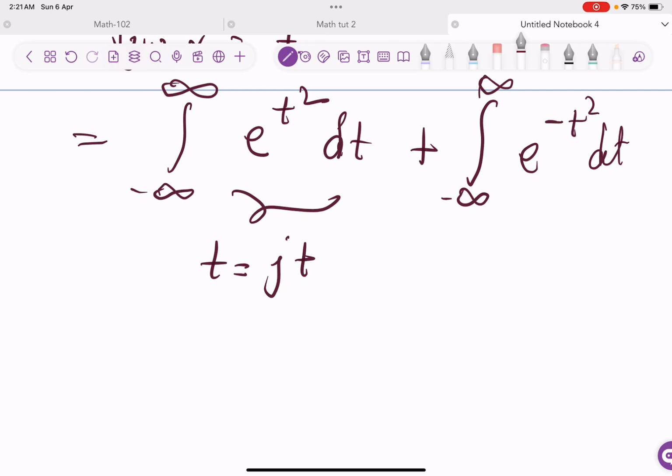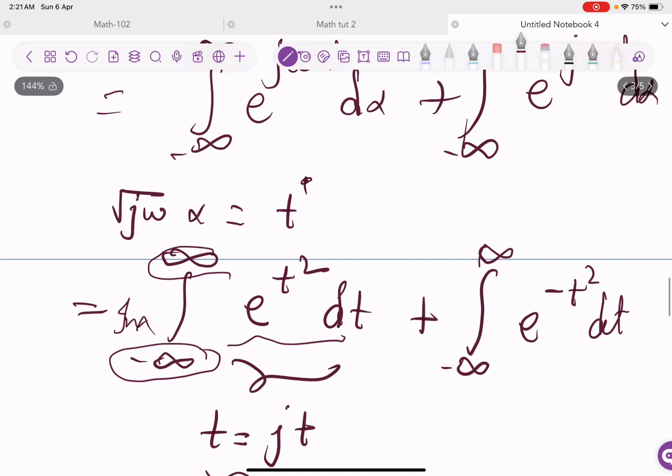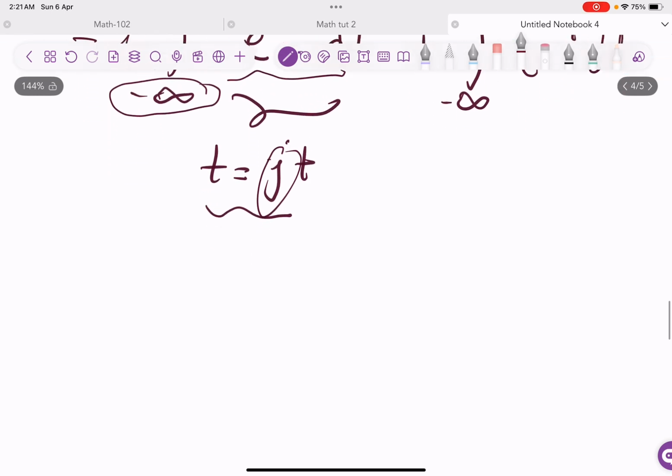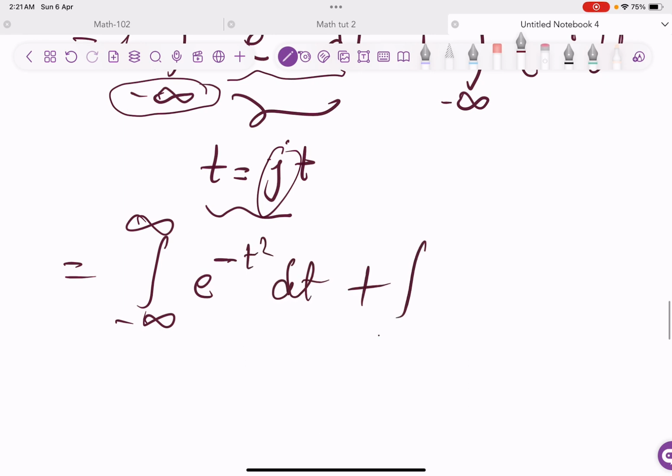I'm doing this because this is all done in the imaginary plane, so you can't actually integrate from minus infinity to infinity for this. So we'll be converting this into real by using j here. So you basically get the integral from minus infinity to infinity of e power minus t square dt plus the integral from minus infinity to infinity of e power minus t square dt.